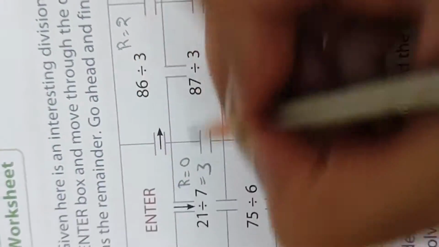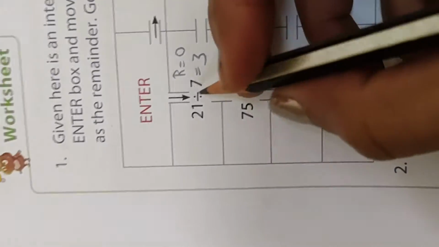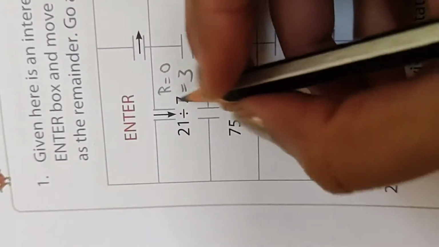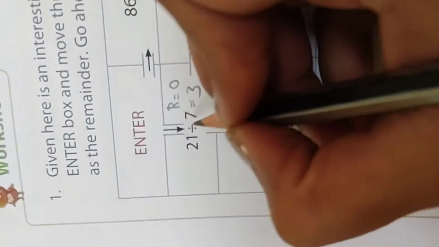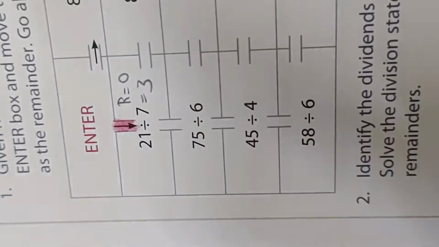This one is 3 and this one is your 28. So how will you move? Now, as you can see, it is already given, it means that you will be moving this side.